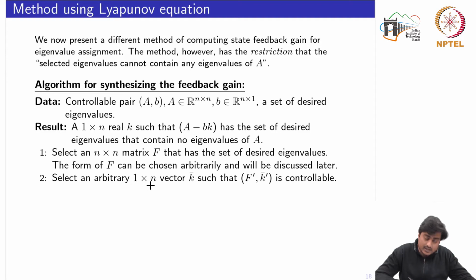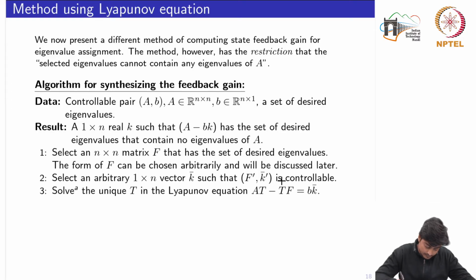Now here we can select any arbitrary k bar vector. The condition which we need to satisfy is that the pair F transpose and k bar transpose is controllable. Third, we solve for the unique matrix T in the Lyapunov equation given by A T minus T F equals B k bar.